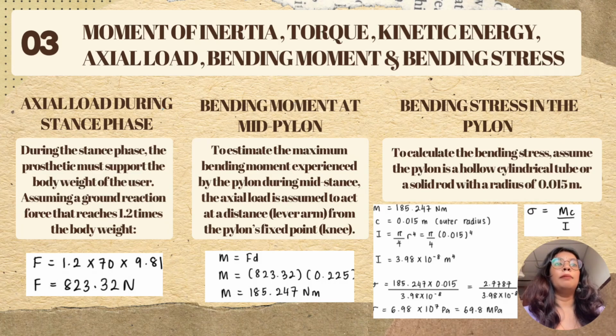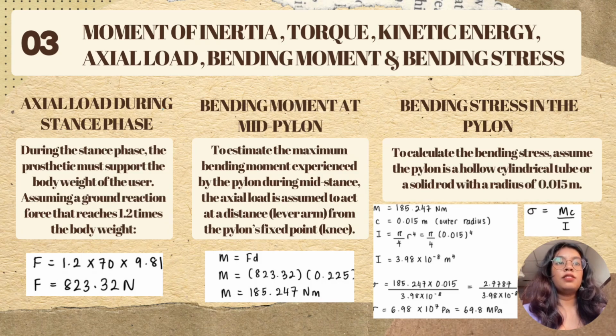Last but not least, now we will look at the bending stress in the pylon. To calculate the bending stress, we assume the pylon is a hollow cylindrical tube or a solid rod with a radius of 0.015 meter. From the calculation, we got M equivalent to 185.247 Newton meter, and c is assumed to be 0.015 meter, which is the outer radius, and I equals pi over 4 r to the power of 4.